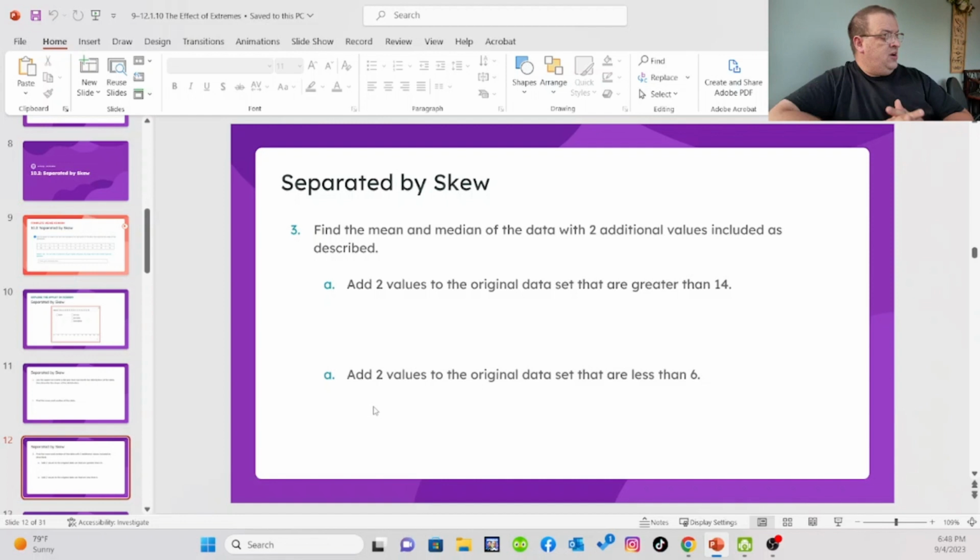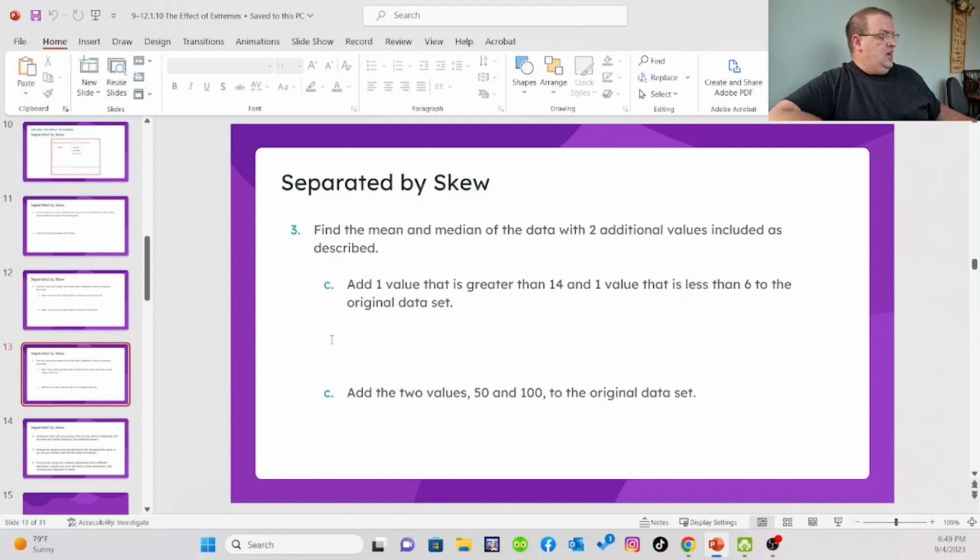For the next one, they want you to add two values to the original data set that are less than 6 and see what happens. Then they want you to add one value that is greater than 14 and one value that is less than 6 to the original data set and see what happens.